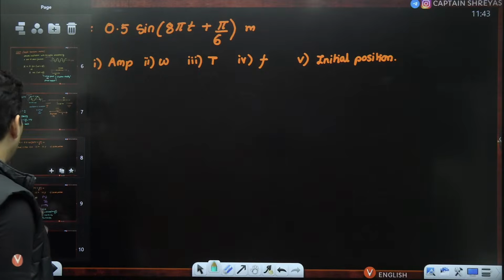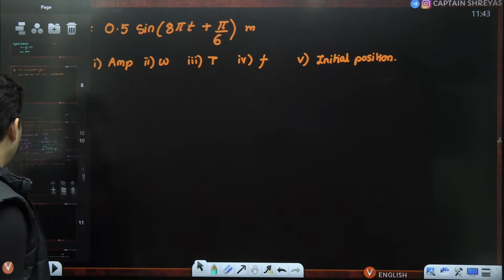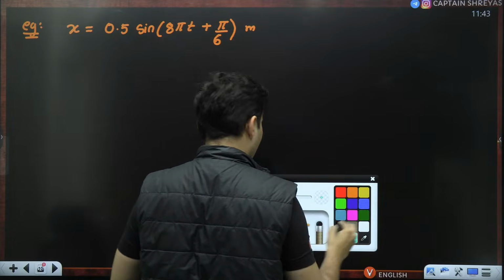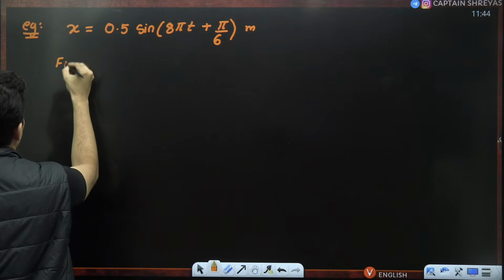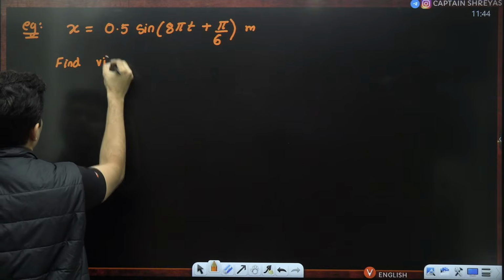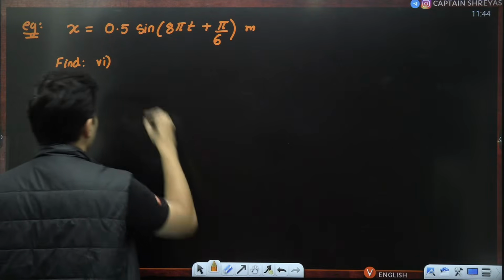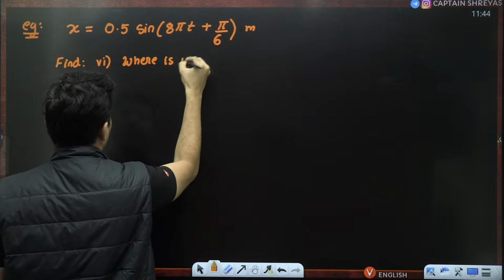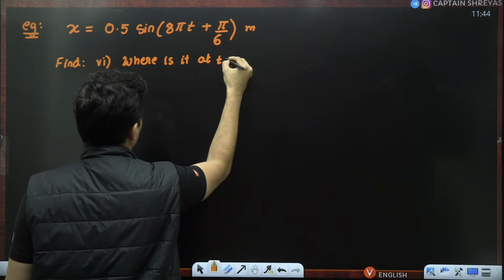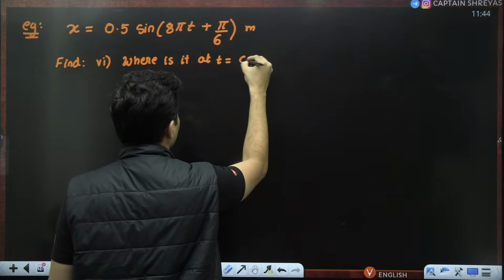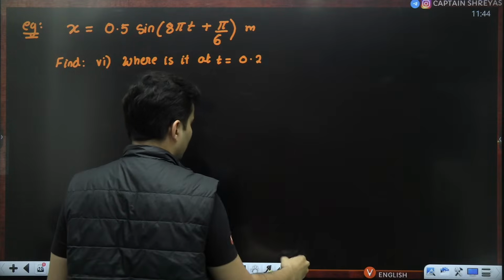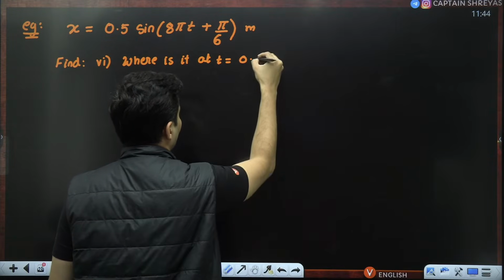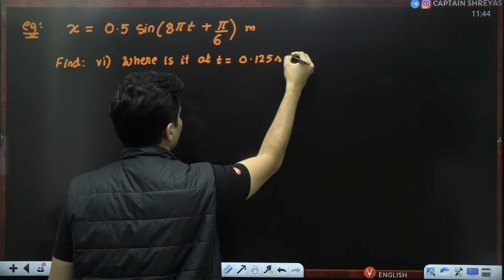But there could be more questions to this. Let's say we ask some more things. The sixth thing which you need to find is where is it at t is equal to, let's say, 0.125 seconds.